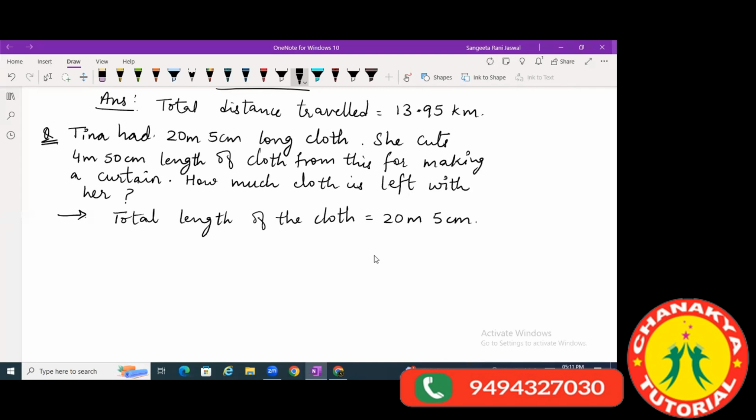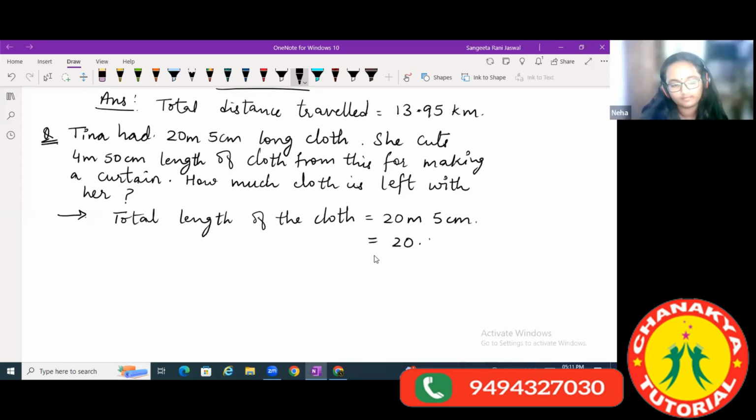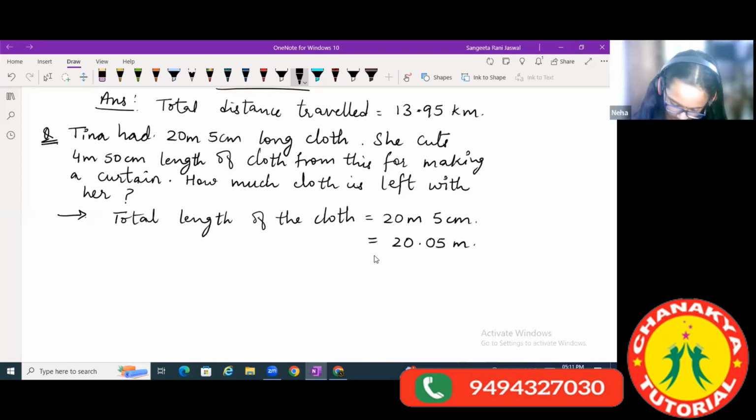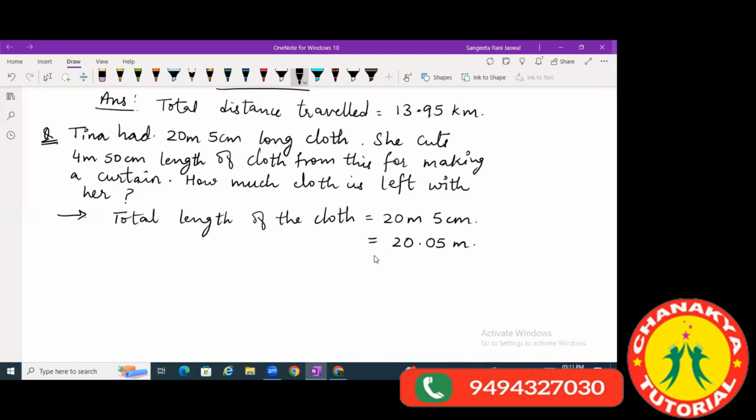Now, if I have to convert this to meters, then what will I do? Tell me, children. This will be 20.05 meters. Centimeters to meters, 0.05. Okay. Yes, ma'am. So the total length of the cloth will be this many meters.